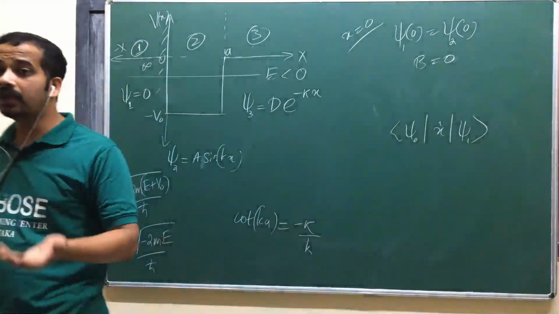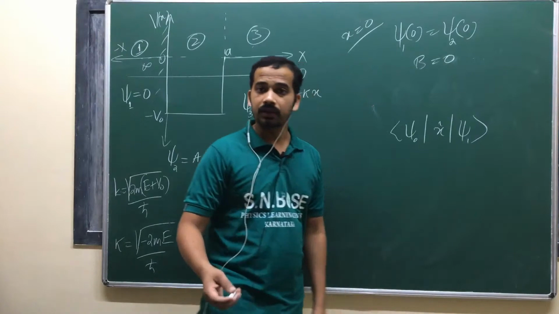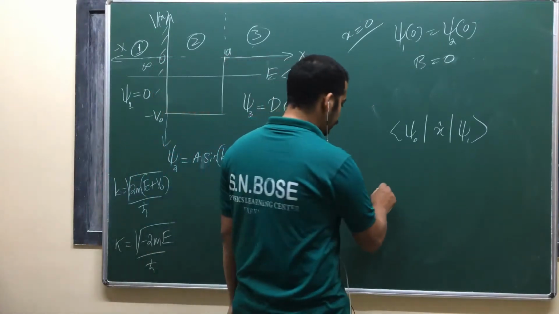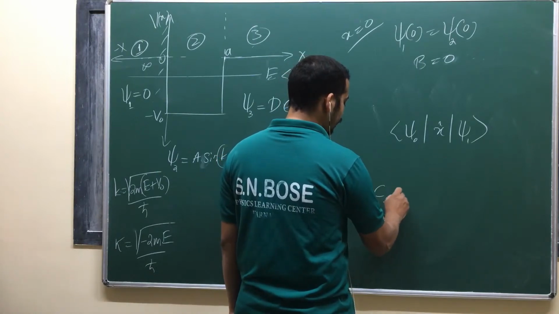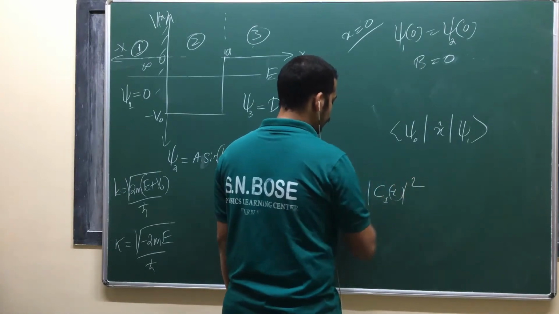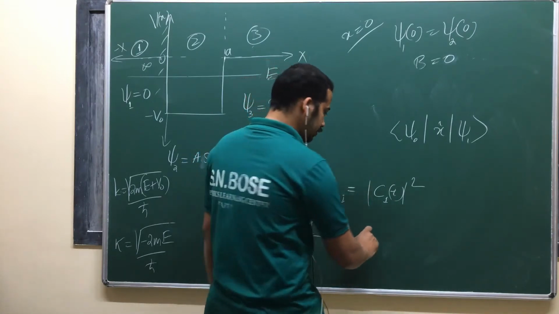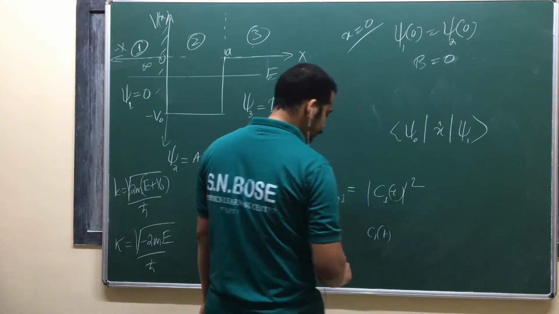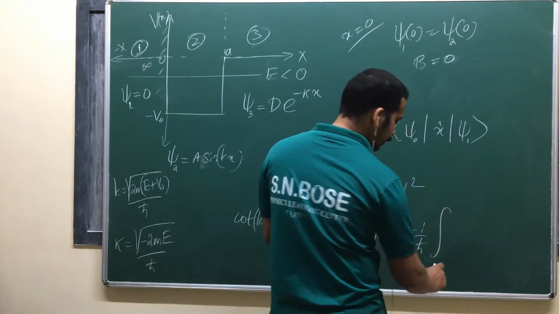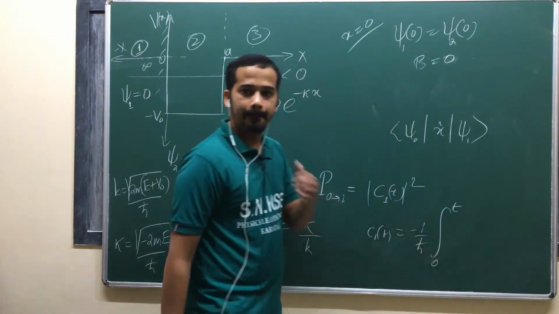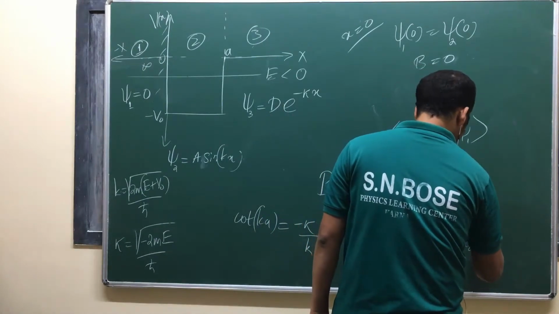That's one part. After that, you need to do one more integral, according to time dependent perturbation theory. So the transition probability, we write C1 of t mod square: the probability of going from the ground state to the first excited state. This C1 of t is some integral, minus i by h bar, 0 to t, H dash 01 of t.